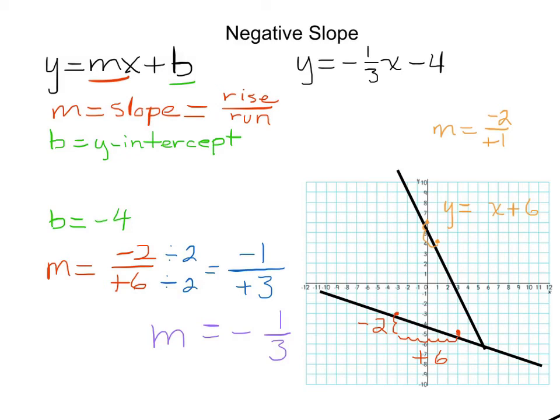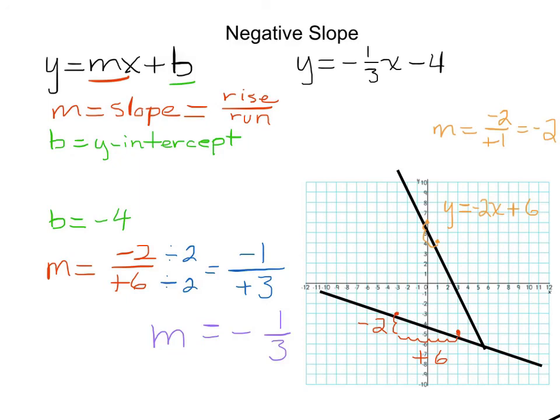If I have negative 2 divided by a positive 1, negative divided by positive is just negative. And the other thing we can remember from elementary school is that when a fraction is written with a number over 1, in this case 2 over 1, we can rewrite that as well. When we rewrite that, we just drop the 1, so it just becomes negative 2. So our slope in this case is actually going to be just negative 2.